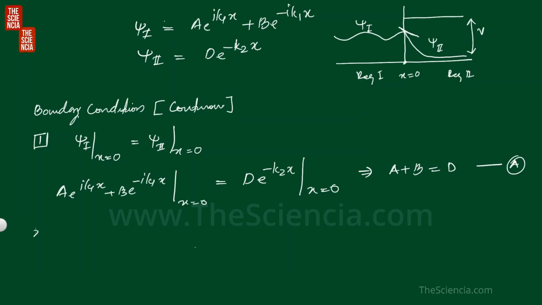Now we can use the second boundary condition, that is slope will be same, that is dou psi 1 by dou x at x equal to 0 will be equal to dou psi 2 by dou x at x equal to 0.